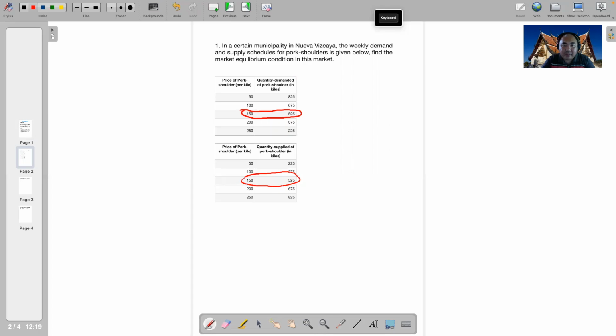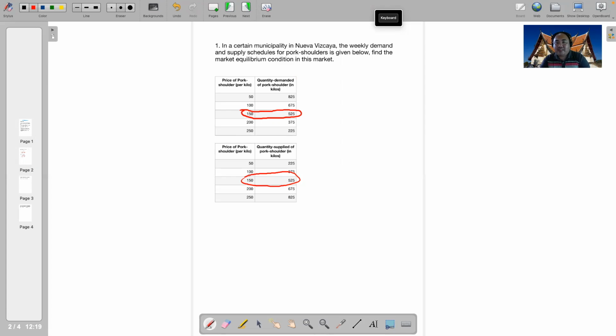What does this mean? This means that at the price level of 150 pesos per kilo, 525 kilos of pork shoulders are demanded. At the same price level of 150 pesos per kilo, 525 kilos of pork shoulders are supplied by the producers.